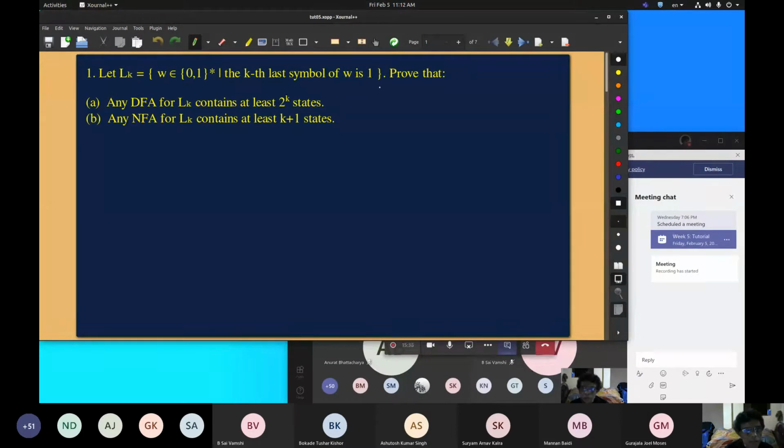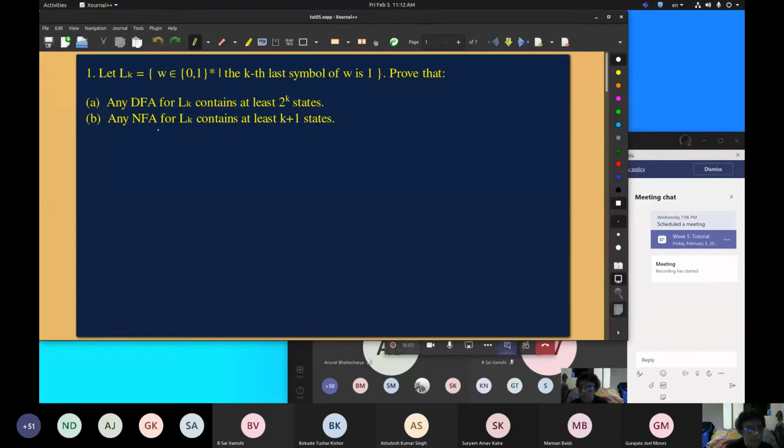Yesterday I proved that any DFA for LK contains at least 2 power k states. If you did not attend, you may look at the transcripts of yesterday's session and also the scribes. So you can find the proof.